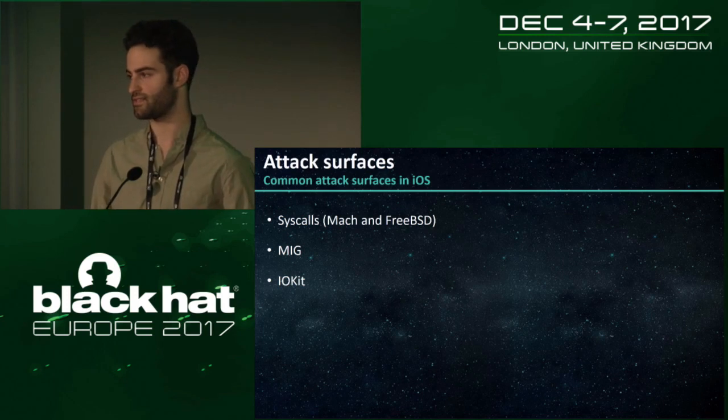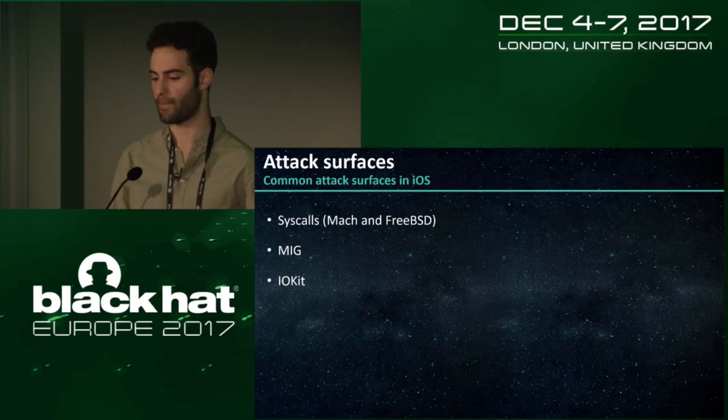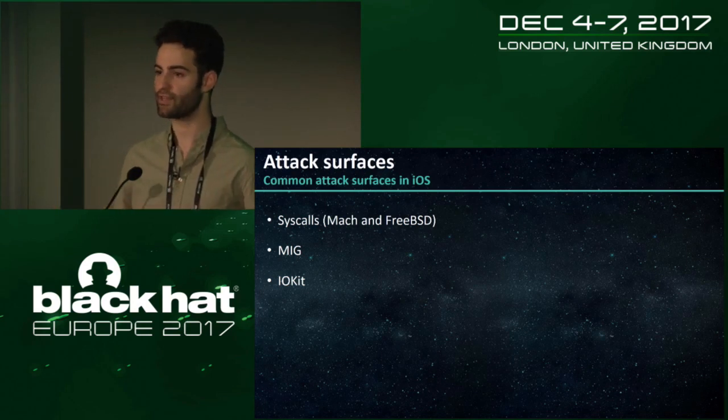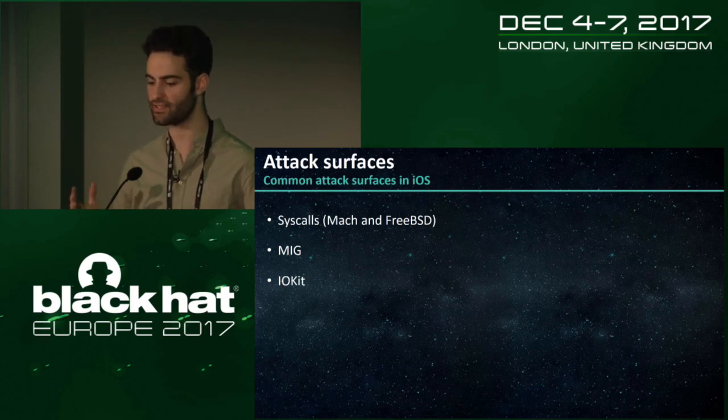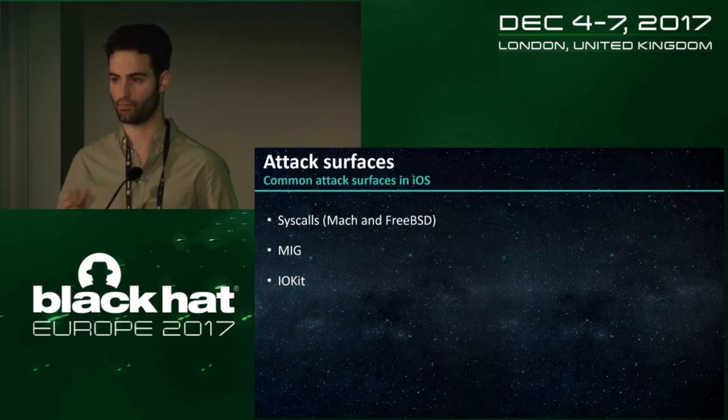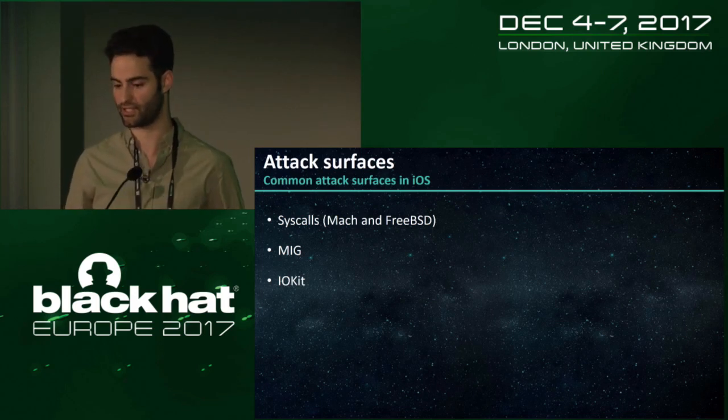Now on iOS, on XNU, we have Mach syscalls and FreeBSD syscalls. We also have MIG, which is an auto-generated messages interface. It works like an IDL. You write IDL templates, and then some code is auto-generated.